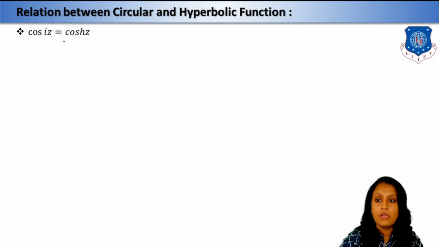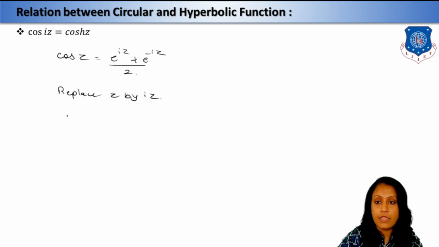Now the next is cos iz is equal to cosh z. So we'll use the formula of cos z, that is e raised to iz plus e raised to minus iz upon 2. Now we'll replace this z by iz. So you will get cos iz as e raised to, now i into iz, so this is i square z, plus e raised to minus i square z upon 2.